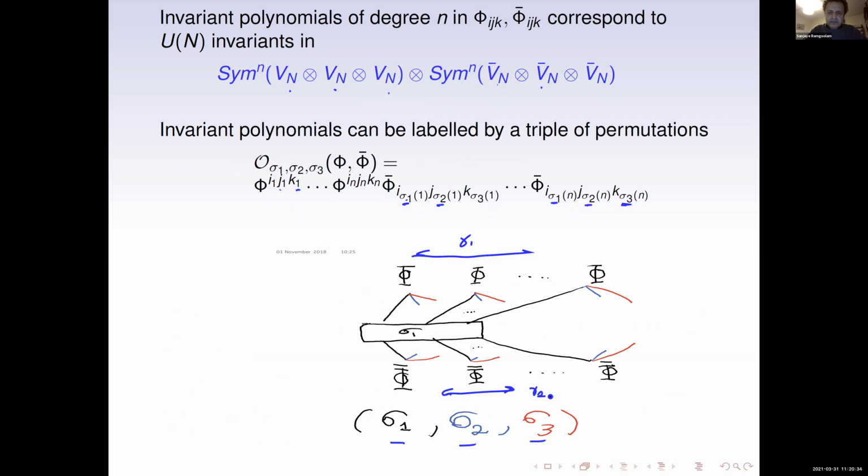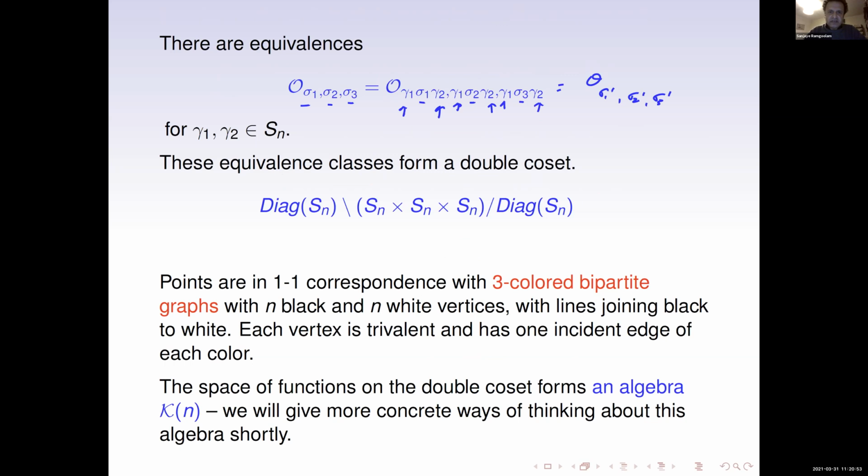And there's a diagrammatic way of thinking about products of permutations. So these two equivalences, related to Sym^n, translate into these equivalences under gamma 1 and gamma 2 multiplications.